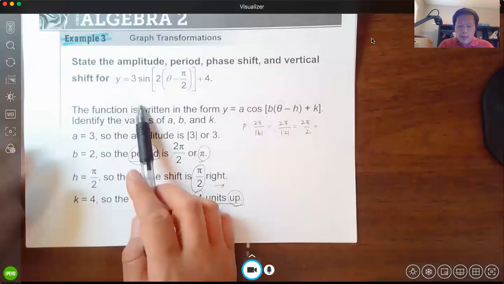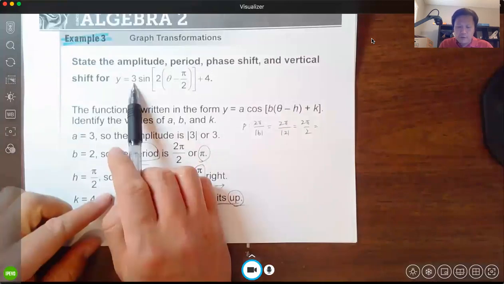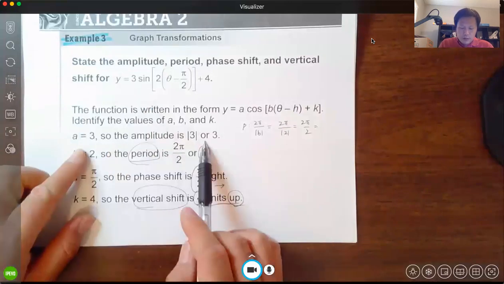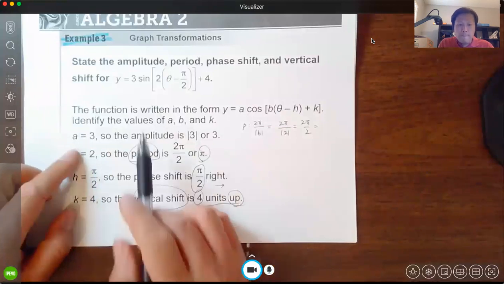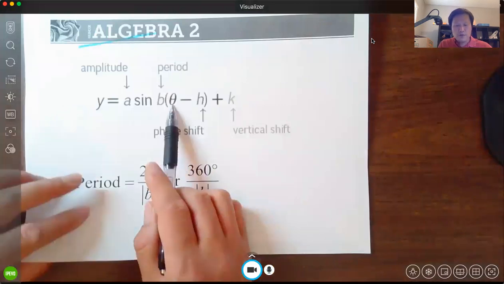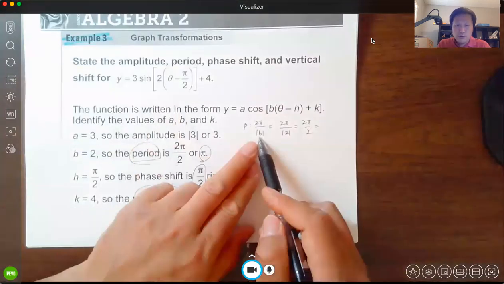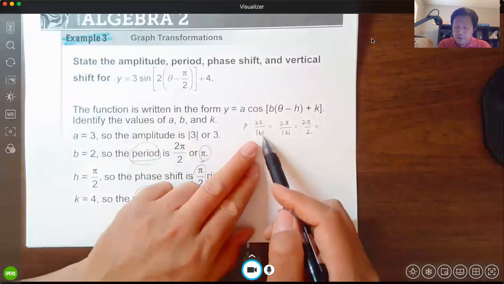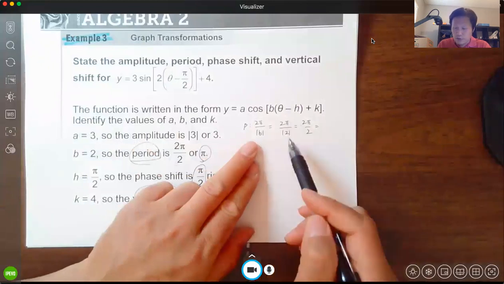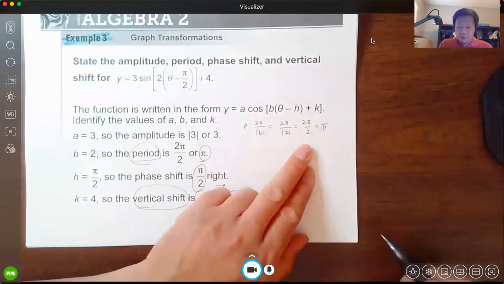Amplitude is the absolute value of 3. B value, if you look at the formula, is the coefficient of theta. B value is 2. So period is 2 pi over the absolute value of 2, which is 2 pi over 2. Cancels out, period becomes pi.